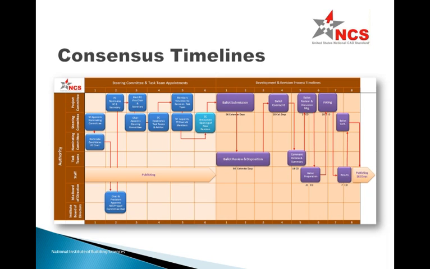At the top, you have columns. Each column equates to a month, and it is split into two segments. The first being the steering committee and task team appointment, which takes about 6 months, and the second is the development and revision process timeline.